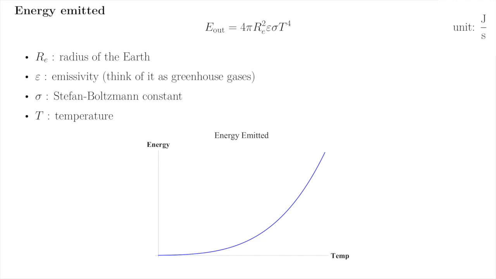So for any choice of the parameter emissivity, this is just a quartic polynomial in T. So there's no guesswork here about the shape of it. It's literally a quartic. So that's the picture that we have here. As temperature increases, the energy radiated out increases following the shape of something times T to the fourth.